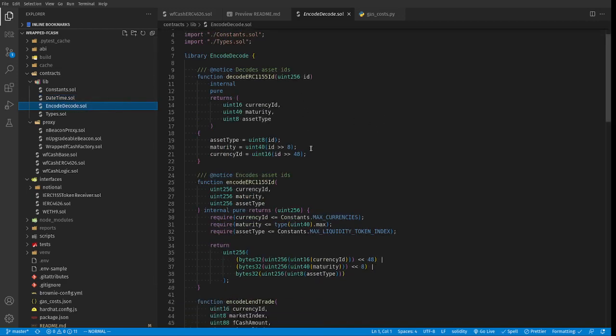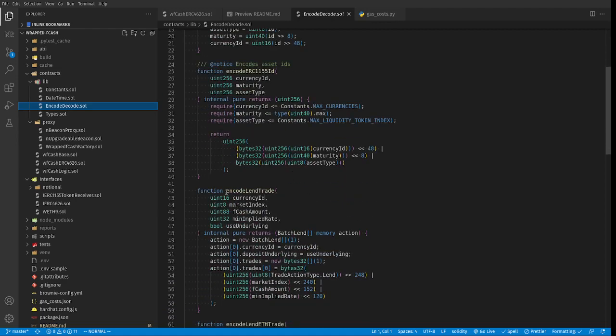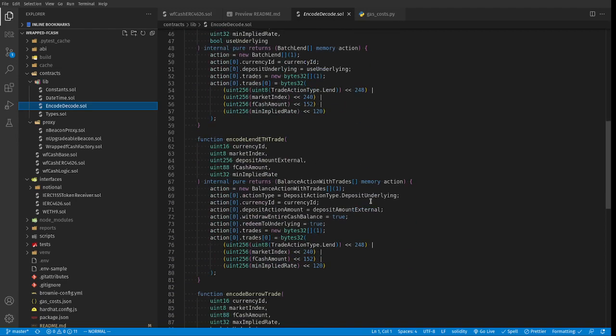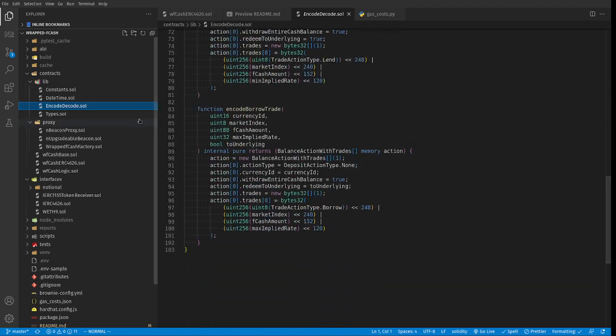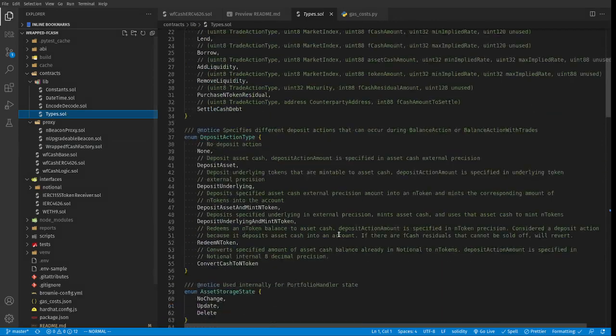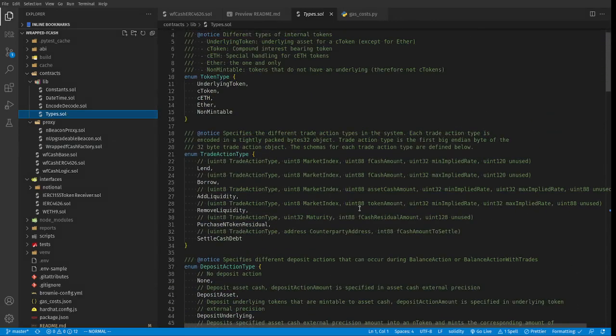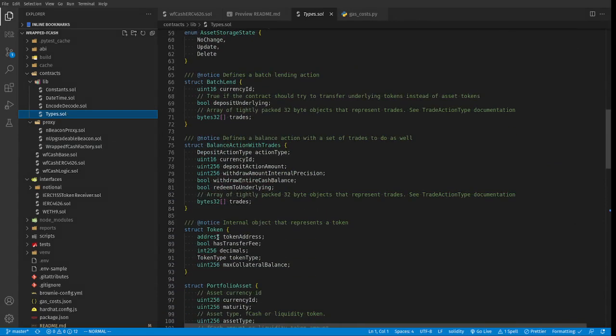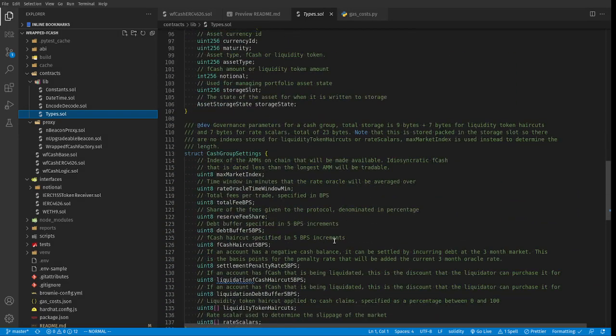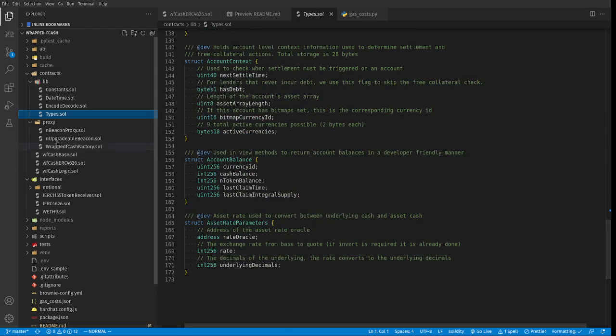Encoding and decoding. So there's some byte level encoding for ERC777 IDs and trade actions. That's handled in this library. Again, there's not too much to see here, but we'll review this. And these are the enums and structs that are required to interact with Notional, that we would use in this contract.